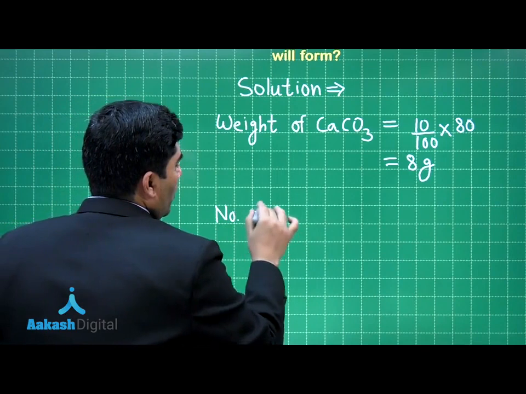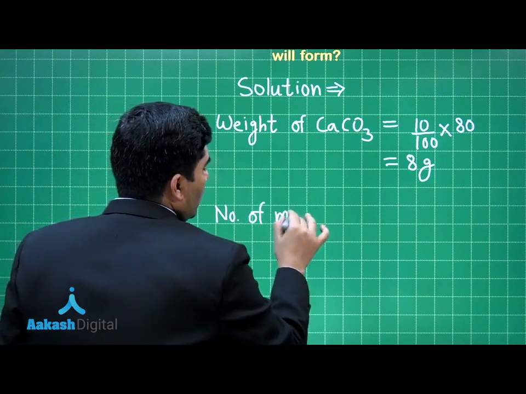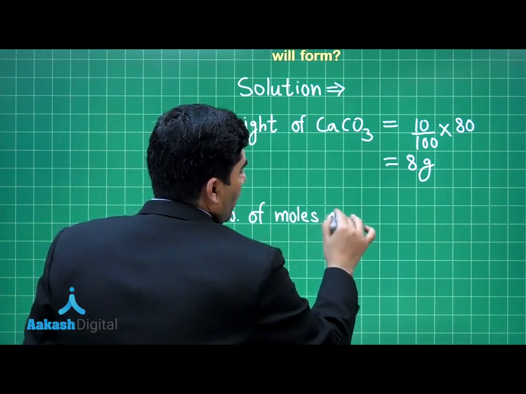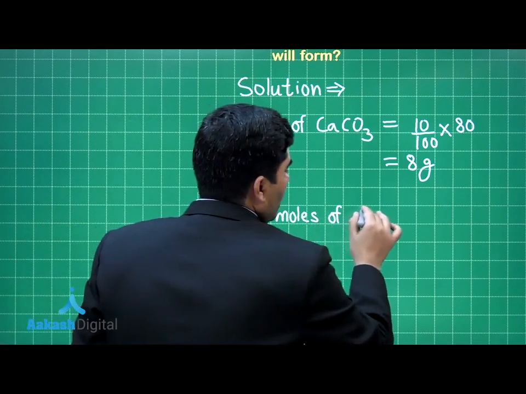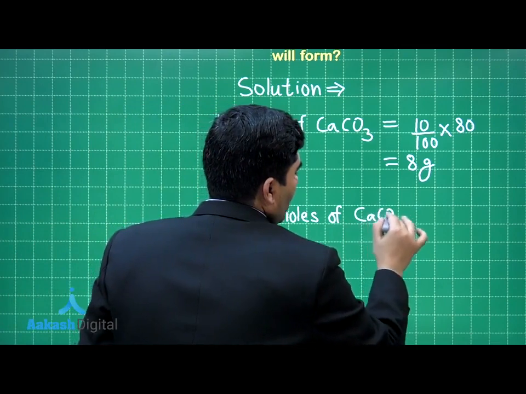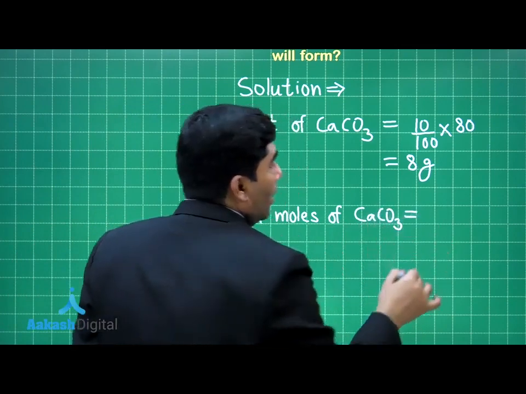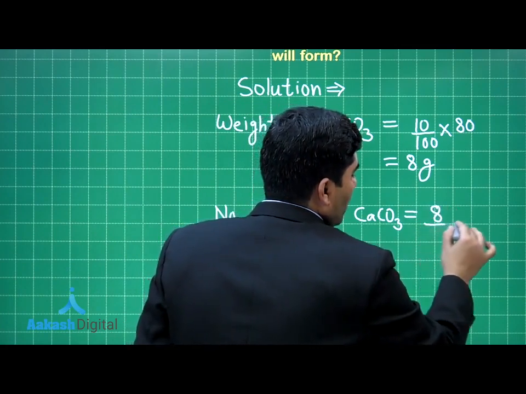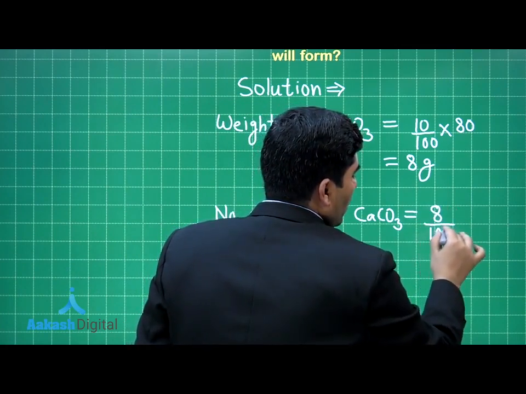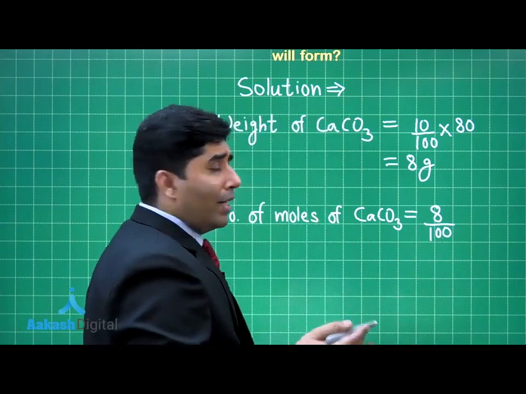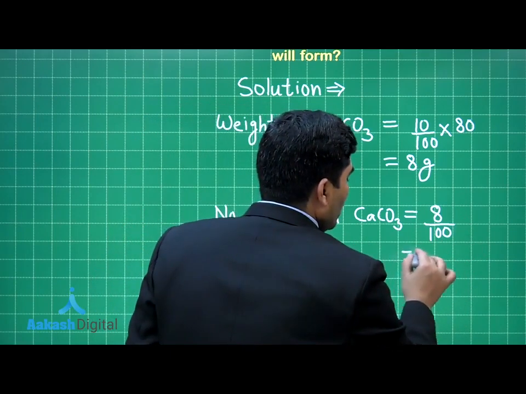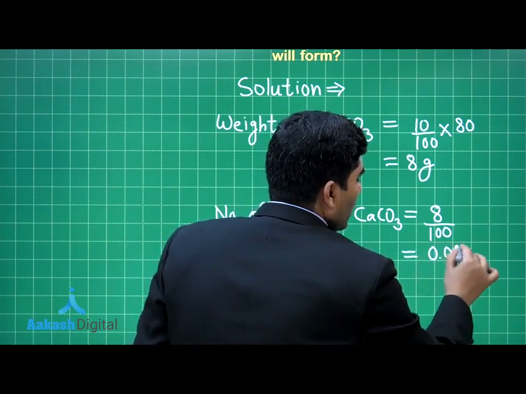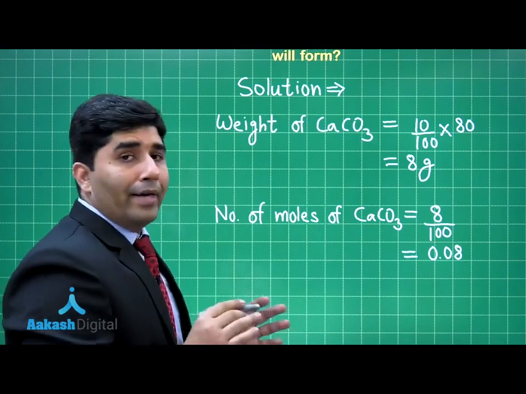Number of moles of calcium carbonate, and that is equal to the given weight, that is 8 gram upon 100, the molar mass of calcium carbonate, therefore it is equal to 0.08 moles, right guys?